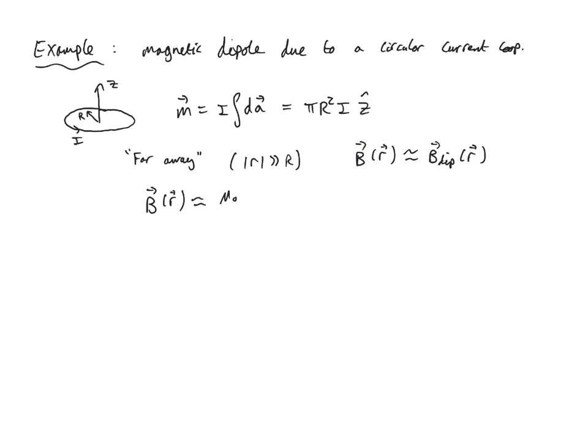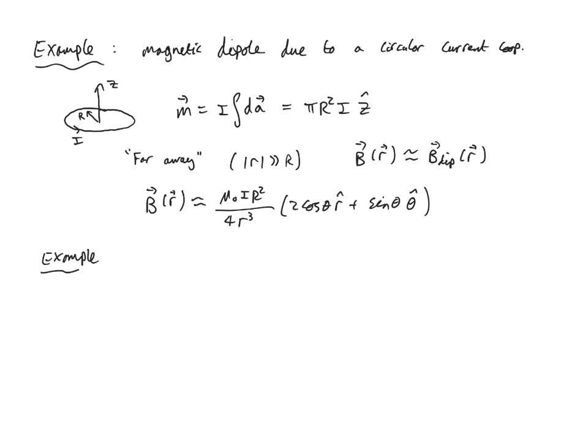It's, in this case, mu naught I R squared over 4 r cubed, the pi's cancel, 2 cos theta r hat plus sine theta theta hat. So we just borrowed the result from previously. Okay, very nice.